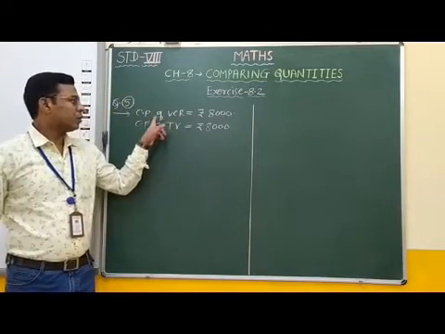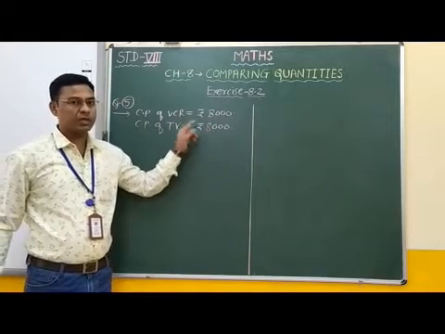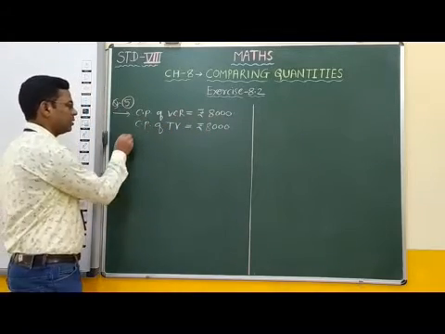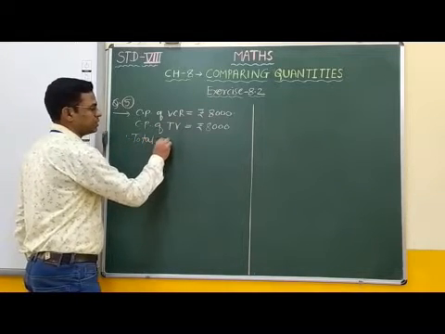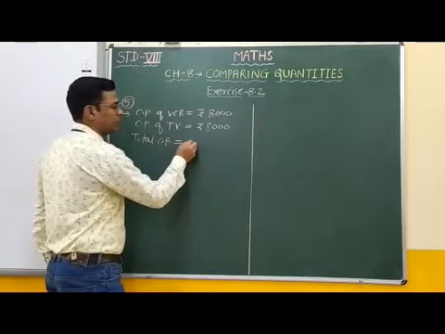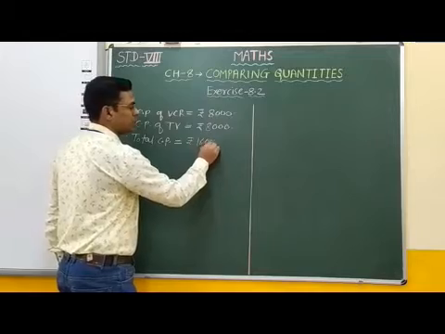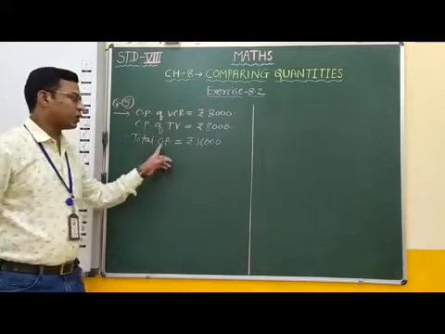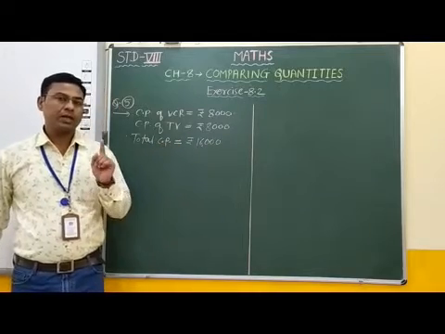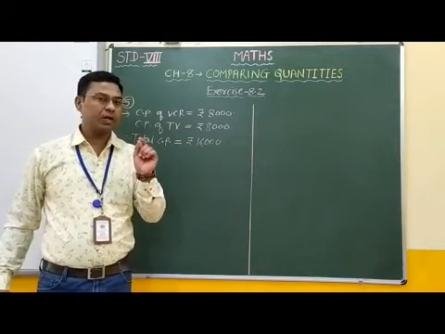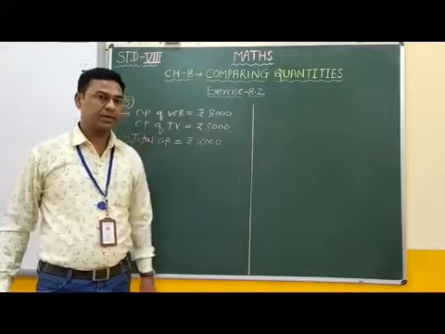Therefore, total cost price is equal to 8,000 plus 8,000 is equal to rupees 16,000. But here on the selling of a VCR, shopkeeper made a loss of 4%.